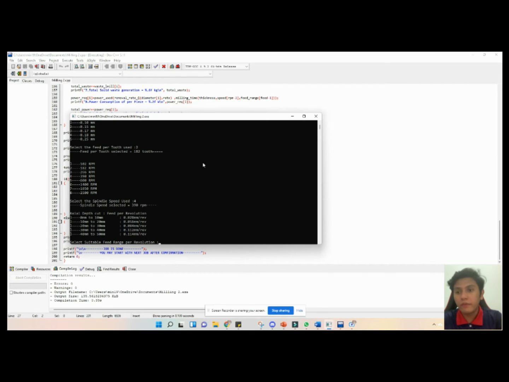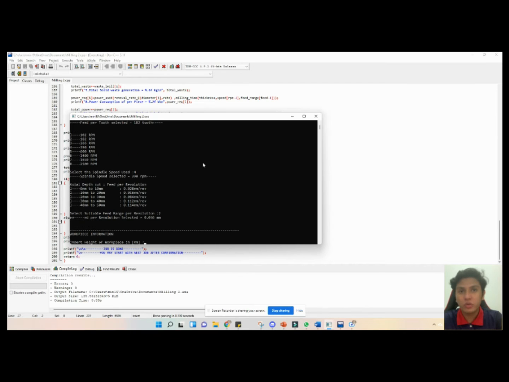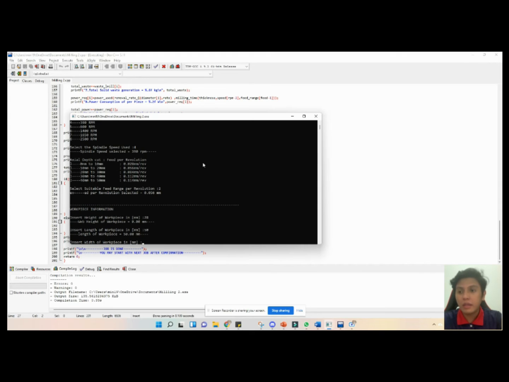For the feed rate per revolution I will assume 2. The height is 28, and then the working length 50, and then the width is 40.